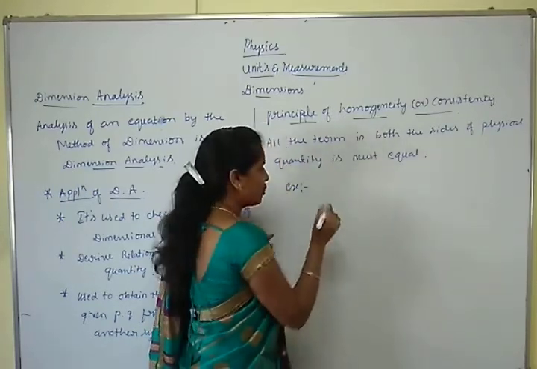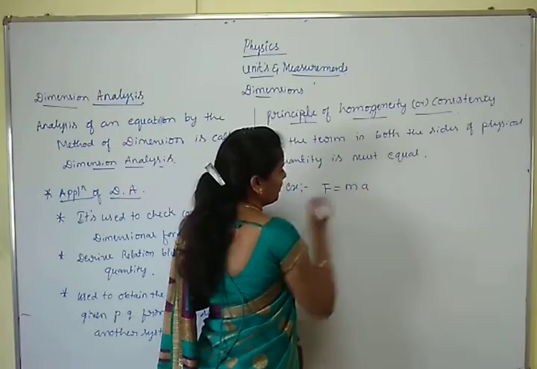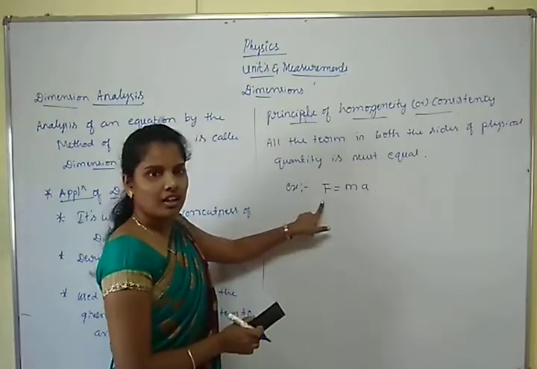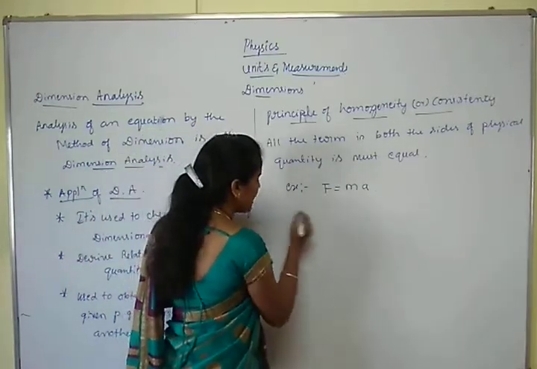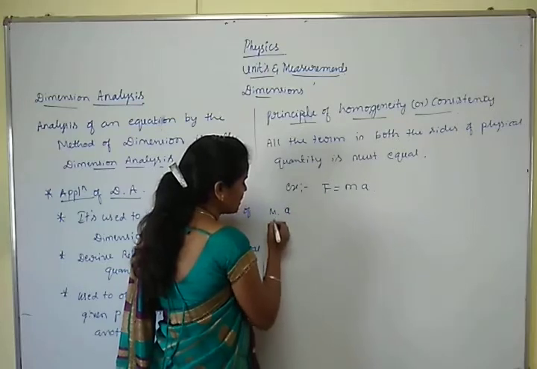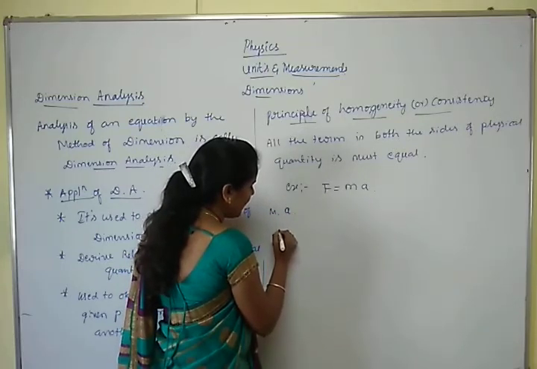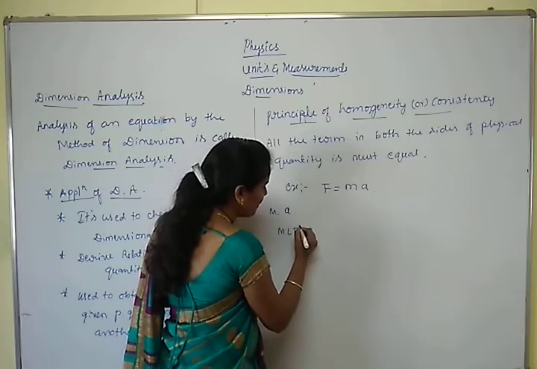Newton's second law of motion, that is F = m a. We know the dimensional formula of force. Force is defined as mass into acceleration. Mass means kg. So it is M L T^-2.